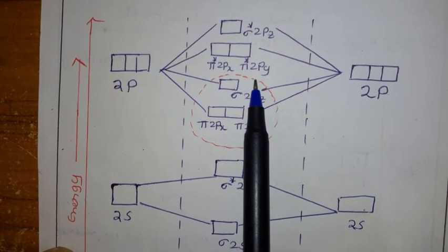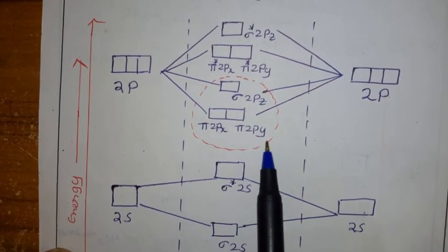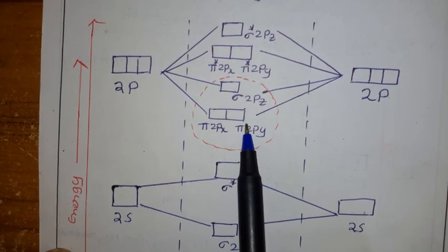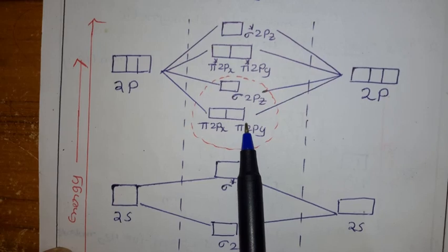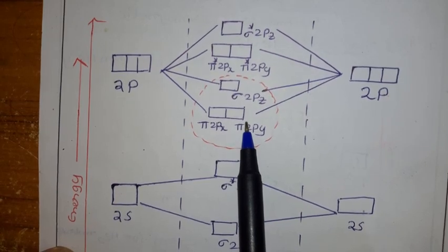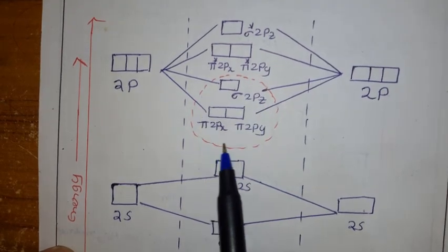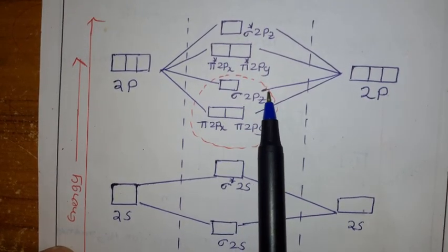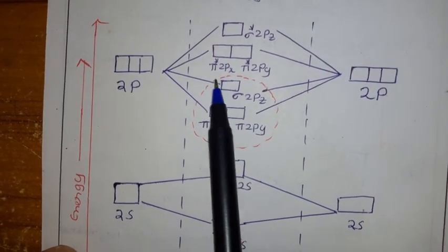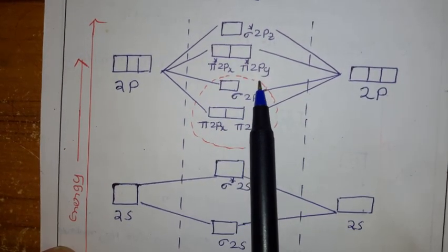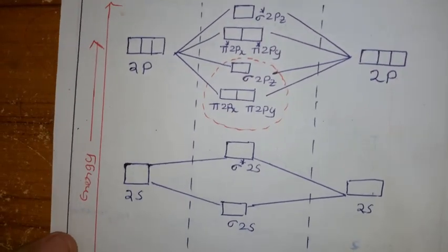As we already discussed, of however many atomic orbitals fuse, 50% are bonding molecular orbitals and 50% are anti-bonding molecular orbitals. So these are bonding molecular orbitals having less energy, and the remaining 6 are anti-bonding orbitals having more energy. This is the energy profile.